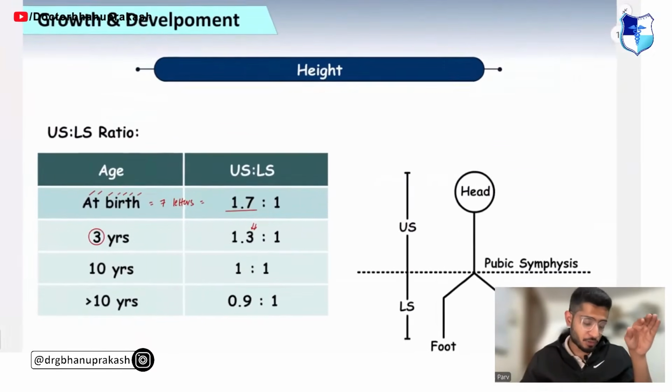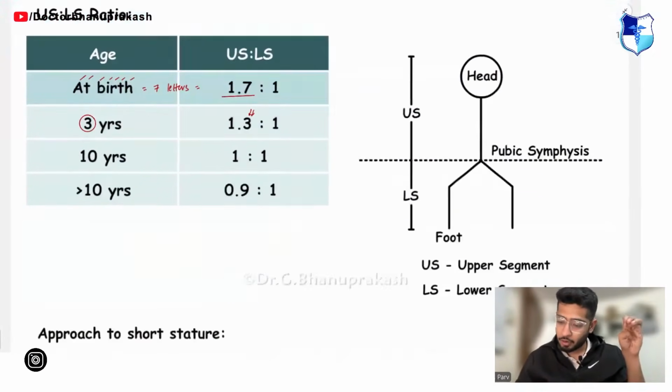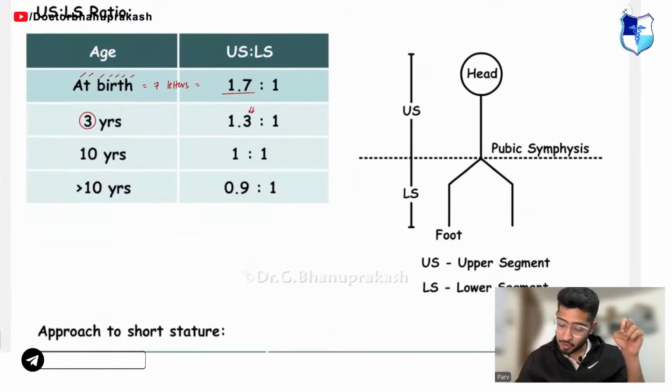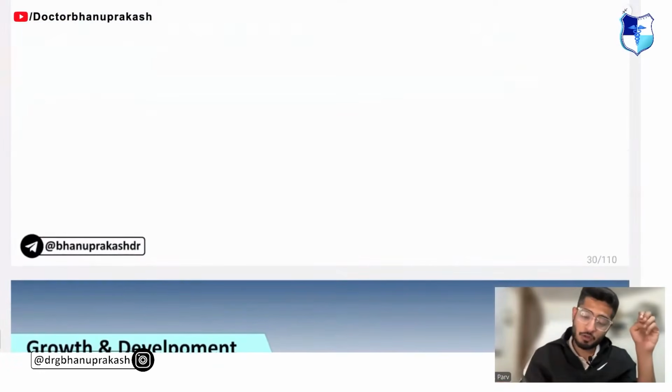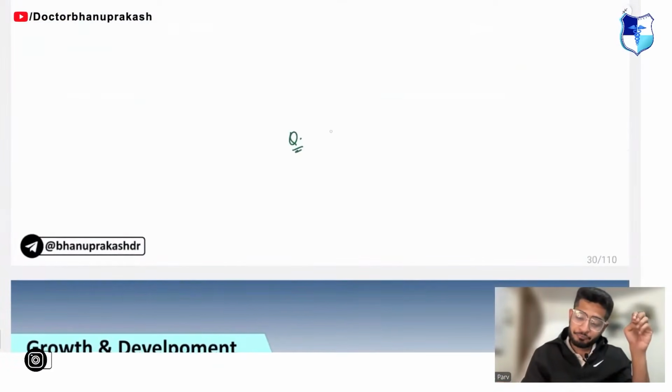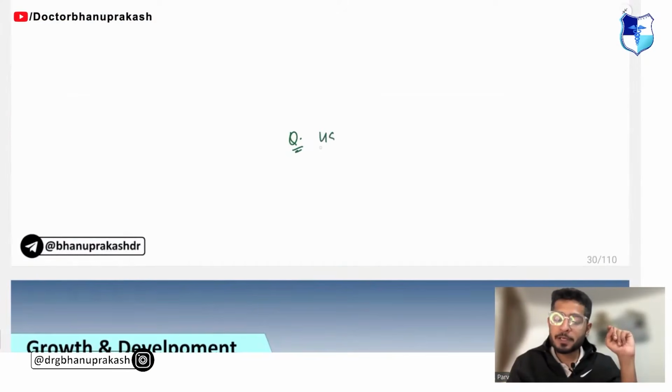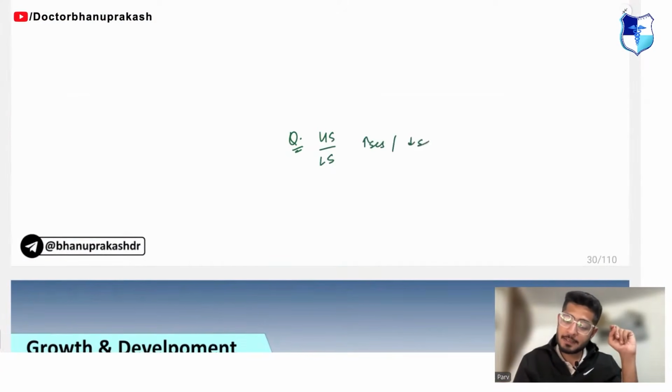Coming on to upper segment to lower segment ratio, before I go on to this, let me ask you a question. Does the upper segment to lower segment ratio increase or decrease in rickets? Tell me.